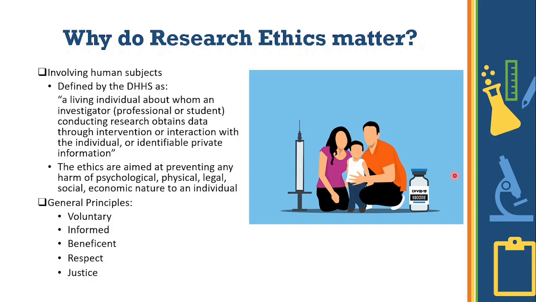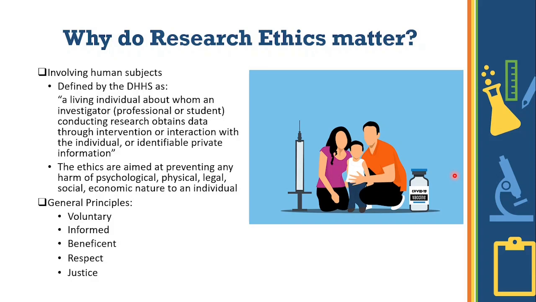justice. The voluntary principle requires that the researcher make sure that their human subjects are voluntarily participating in a research. The informed principle makes sure that the human subject is fully aware of the type of research or study that's being conducted on him or her.